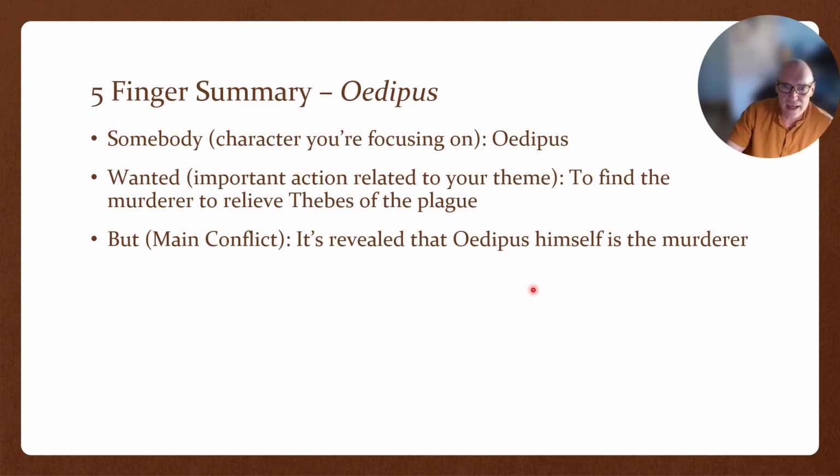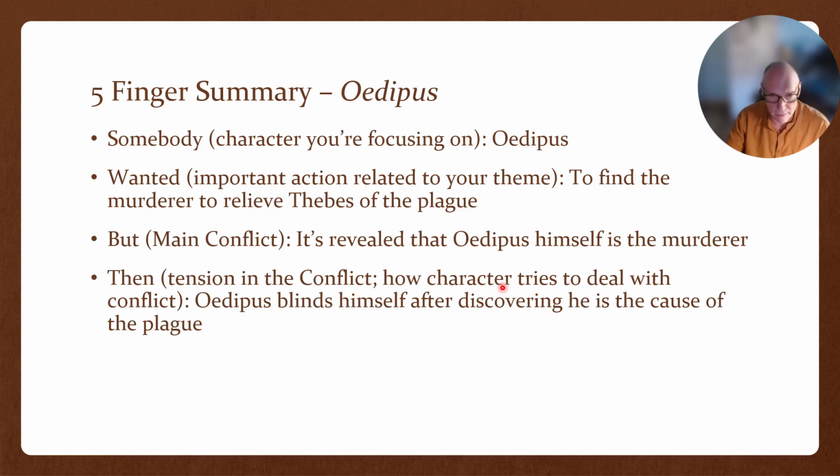Okay, the but here. But it's revealed that Oedipus himself is the murderer. Then, the tension and the conflict: Oedipus blinds himself after discovering he is the cause of the plague. So not only is the main conflict that he himself is the murderer, but as a response, Oedipus blinds himself upon realizing that he is the murderer, causing the plague.